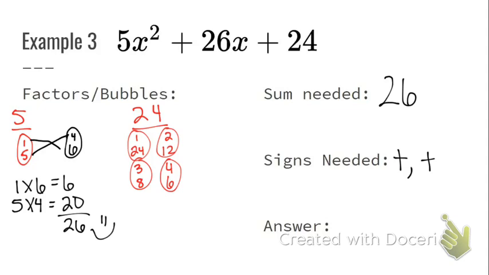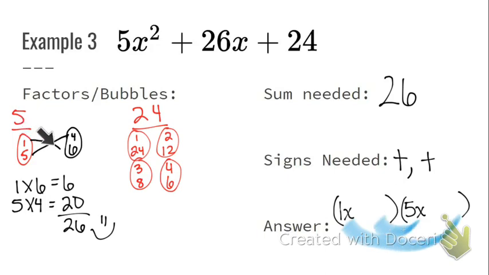So let's use those bubbles to write our answer. 2 sets of parentheses. Again, the first bubble tells you what to fill in for the front terms, 1x and 5x. Then we know that we need to connect these carefully.